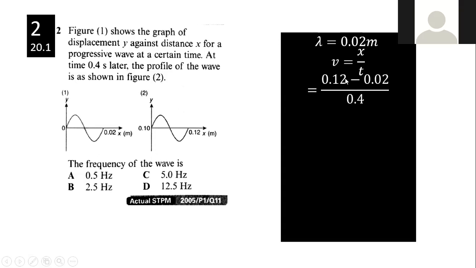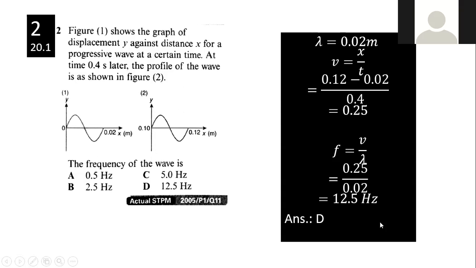So 0.1, 0.12, you can take this part, doesn't matter. You take this part, then you must take the corresponding part on the waveform. Subtract that. Then you can find the speed, and from there you can find your frequency. Or you can calculate the number of wavelengths. Same thing. So many ways to do it. Okay, good. Donkey.